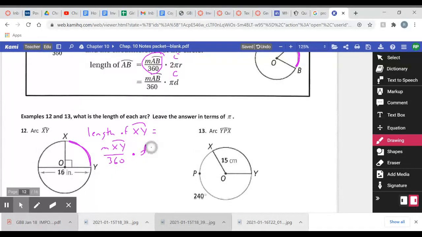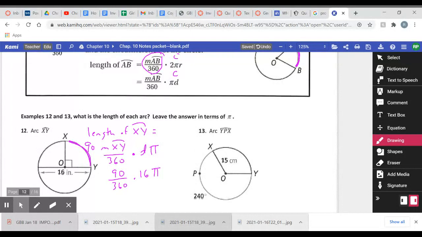If I want to think of it as diameter times pi, then my measure of the arc, if this is a 90-degree angle, the measure of the arc is 90. So I've got 90 over 360 times the diameter, which is 16 pi. Okay.